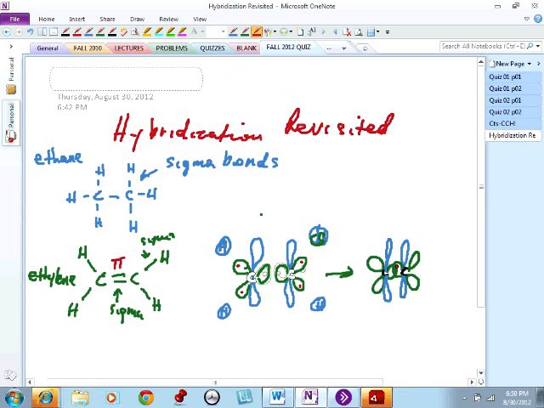Now we have 2 electrons here being shared by those 2 nuclei, 1 electron here, 1 electron here, 1 electron here, 1 electron here.